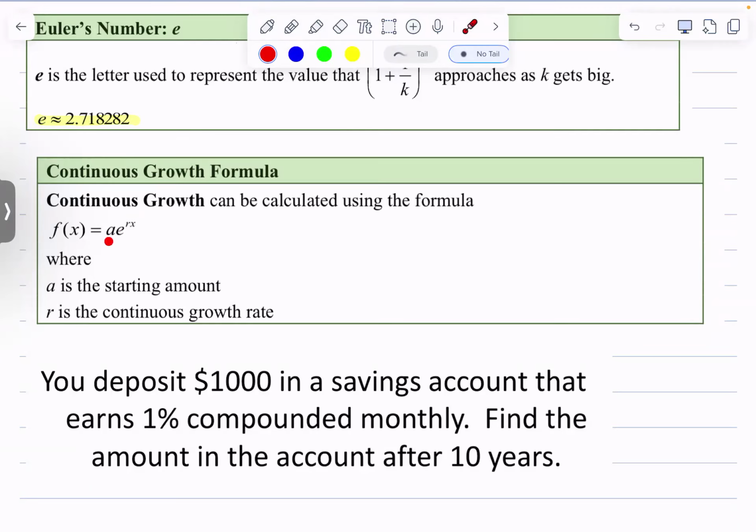F of x is A, where A is still the starting amount. Then we have E, which is just a number, just like B was just a number. But then we have R, the continuous growth rate, times X. So the R is up in the power.